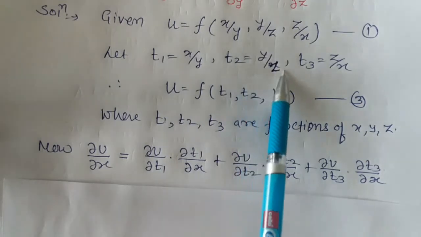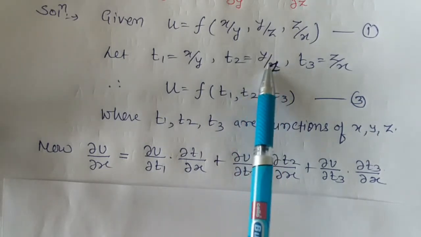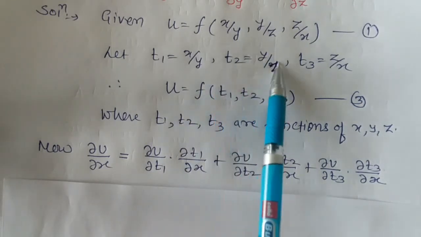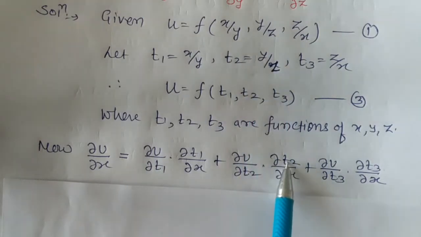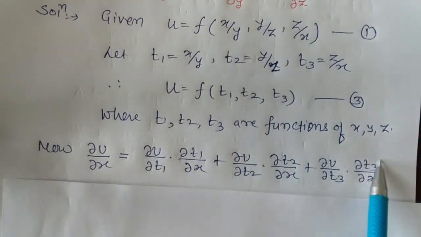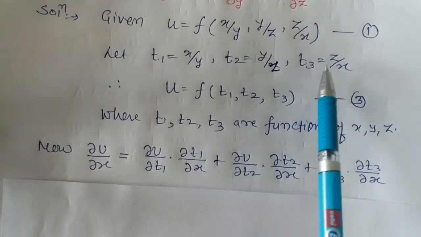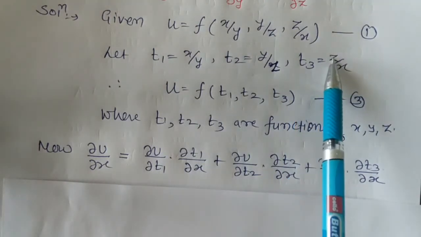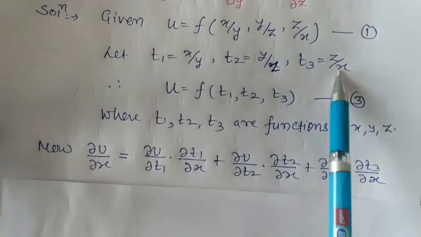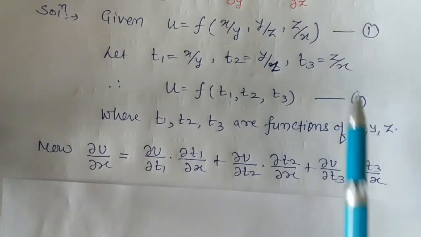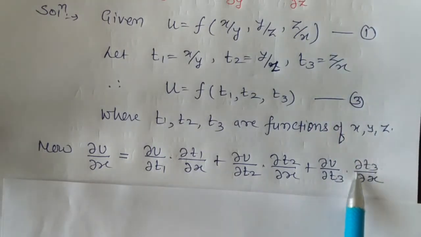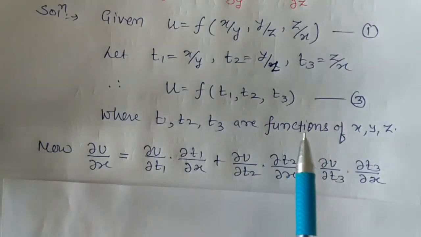Here y and z both are constant with respect to x. So del t2 by del x is 0. And del t3 by del x, partial derivative of t3 with respect to x. So with respect to x, z is constant, so as it is. And the derivative of 1 upon x is minus 1 upon x square. So we get del t3 by del x is minus z upon x square.